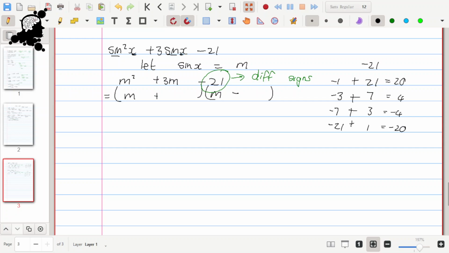None of these actually give me the coefficient of the middle term. So in such a scenario where factorization is not possible, you could still go ahead and use the quadratic equation that you remember from algebra.